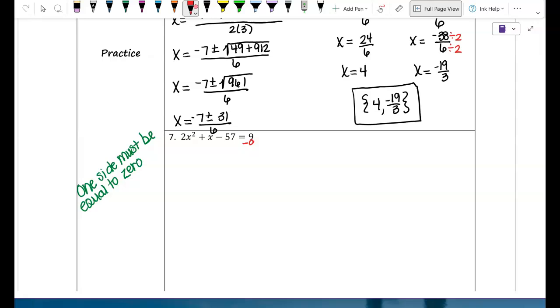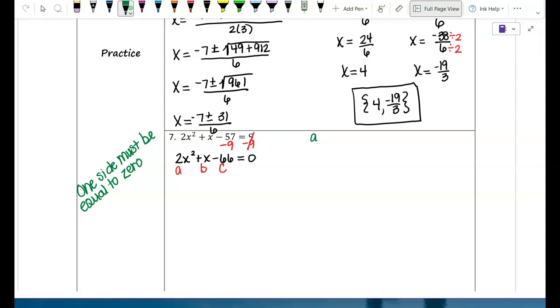So in this case, I have to subtract 9 from both sides first. So I have 2x squared plus x minus 66 equals 0. I cannot start identifying A, B, and C until I make sure that is correct.